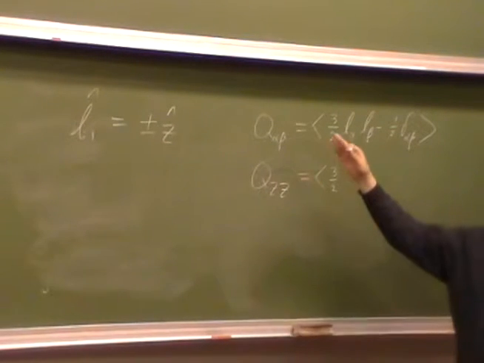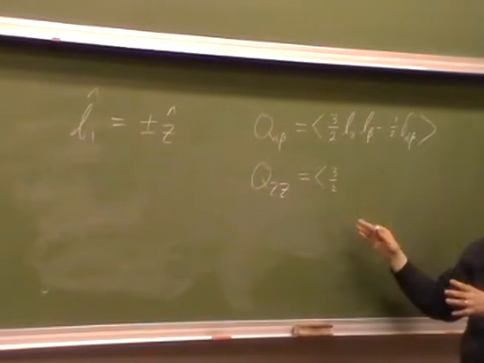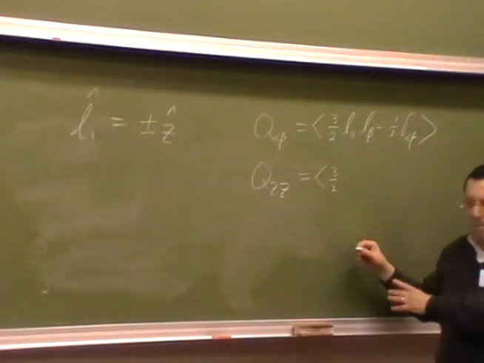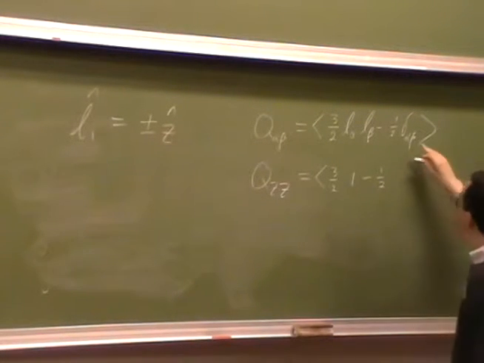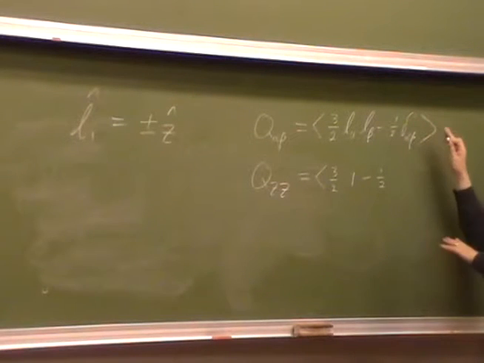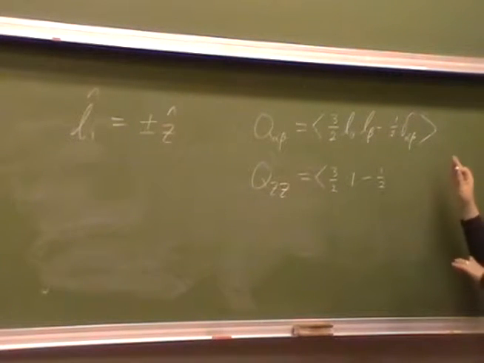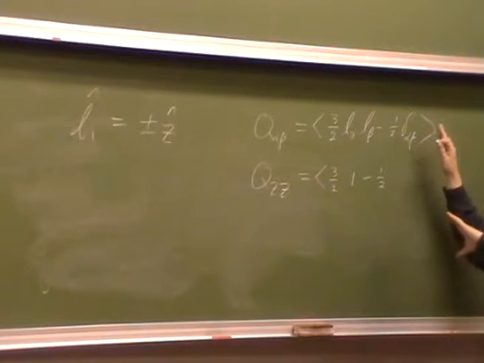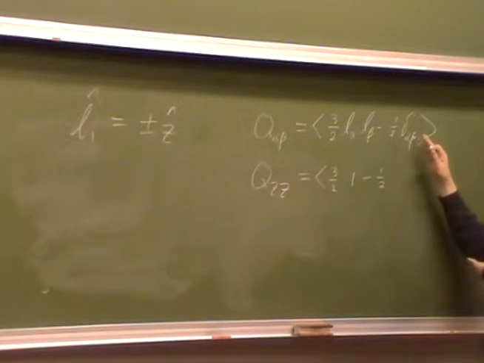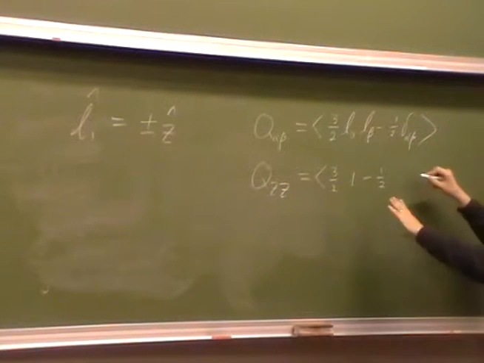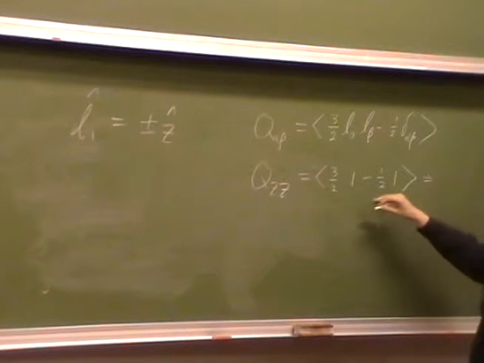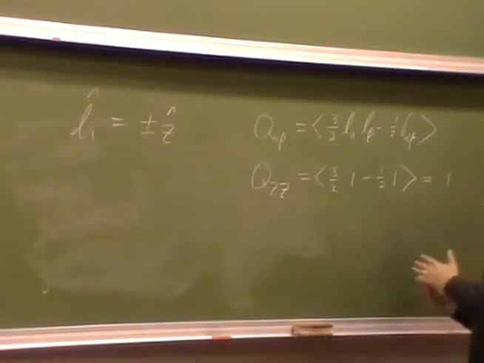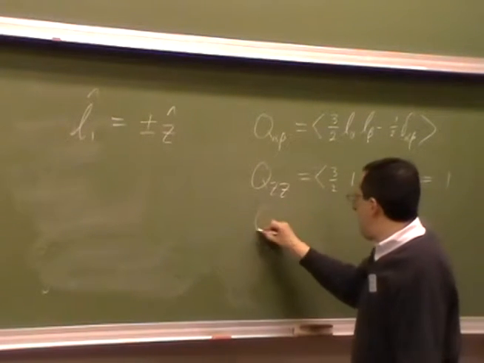So plus or minus 1 squared is 1, minus 1/2 delta ZZ. So this is the Kronecker delta, right? So it's 1 if you have the same index, 0 otherwise. So minus 1/2 times 1. So that is 3/2 minus 1/2. It's 1, okay?